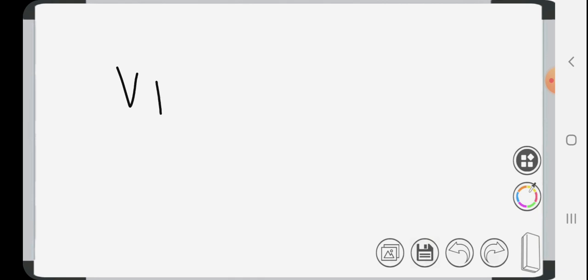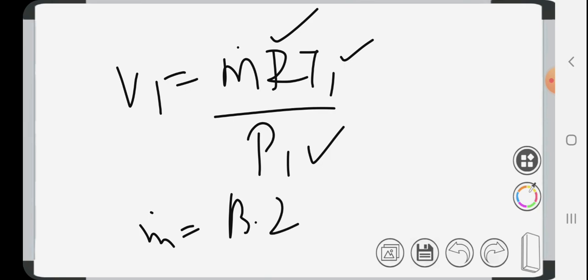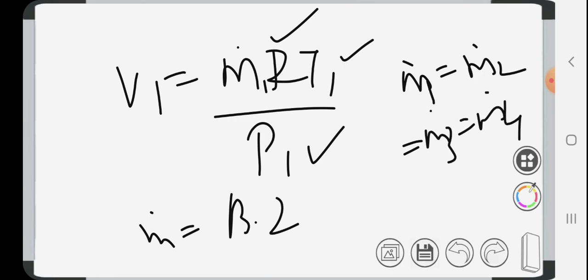So V1 is m dot R T1 by P1. P1 you know, R is 0.287, T1 you know, m dot is 13.2. Actually this is m1, but mass remains constant, so m dot 1 equals m dot 2 equals m dot 3 equals m dot 4. At any point, the mass will be the same.